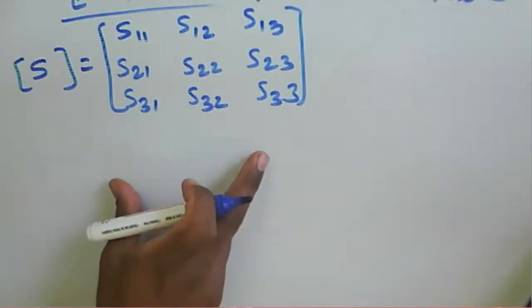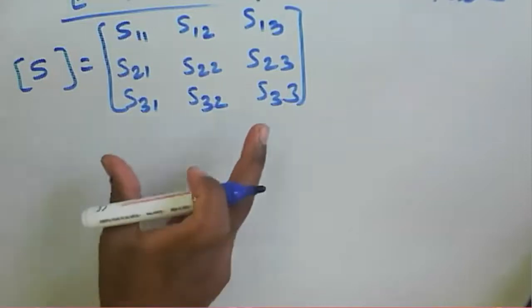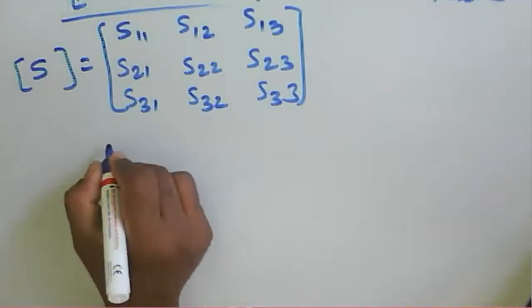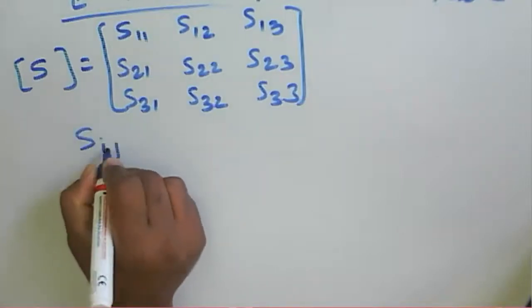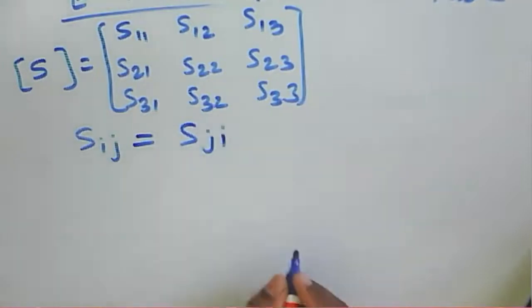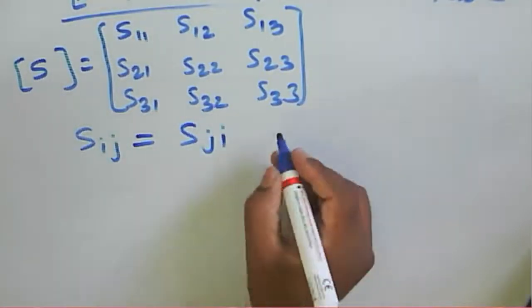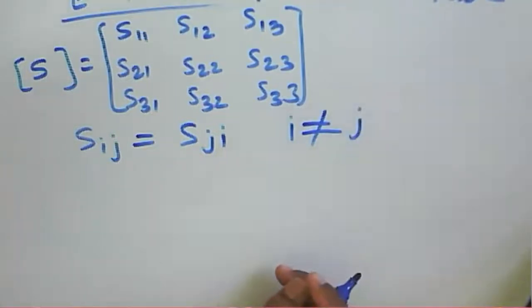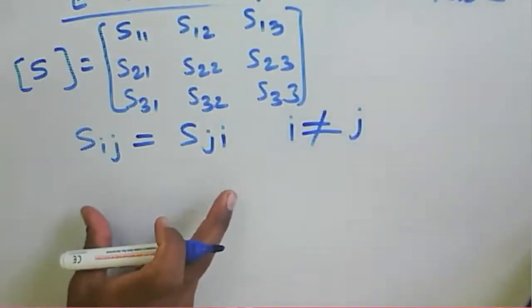So the matrix is symmetrical. If it is a symmetrical matrix, then Sij is equal to Sji, with the condition that i is not equal to j. That is the symmetrical property.